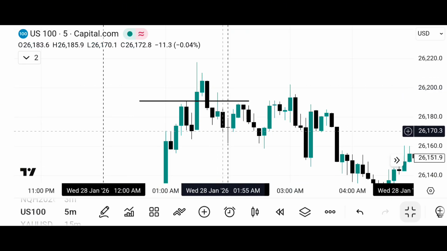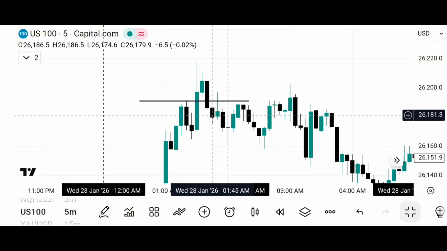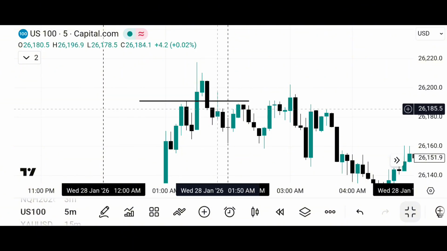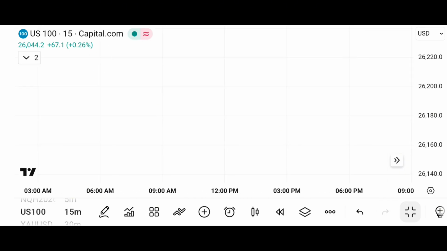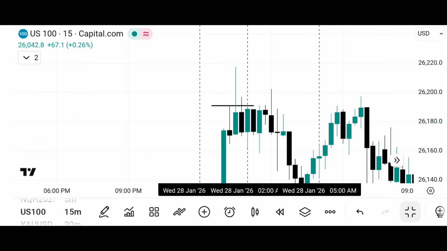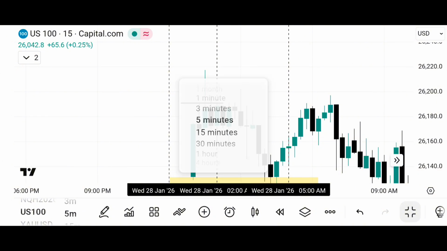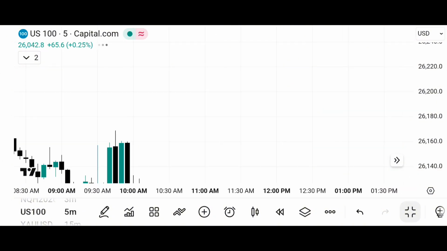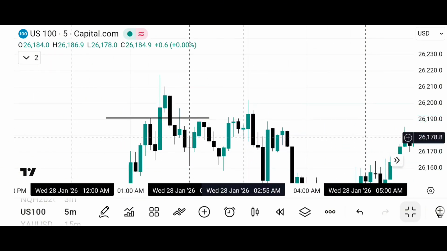this is actually an order block. You can see this up close candle followed by these two consecutive down close candles. Let's go to a higher time frame, 15 minutes. If you see this clearly, on the 15 minute time frame, it's actually displayed as a wick. It's on the 5 minute time frame. This is actually an order block.